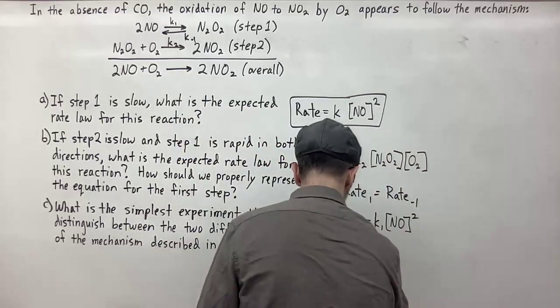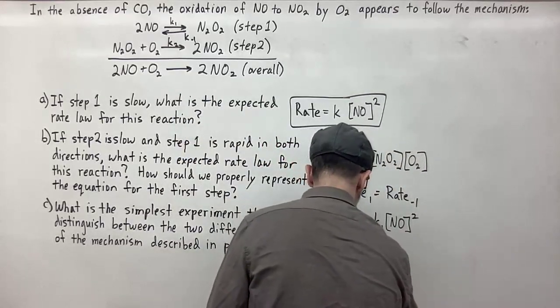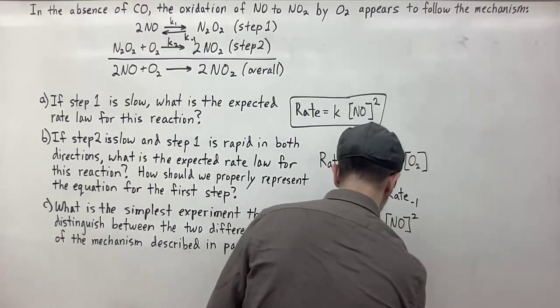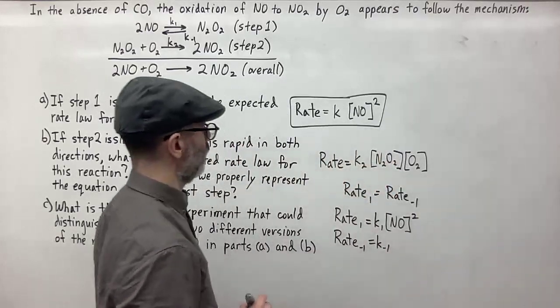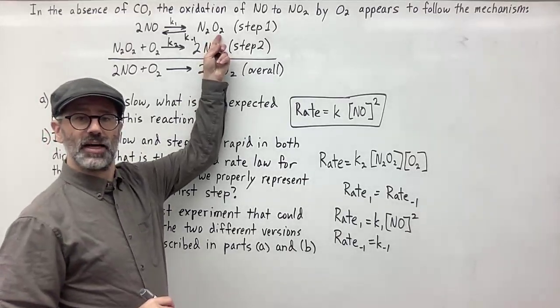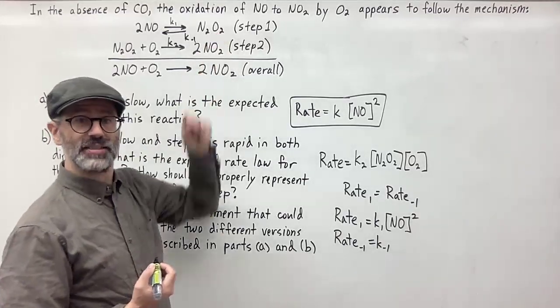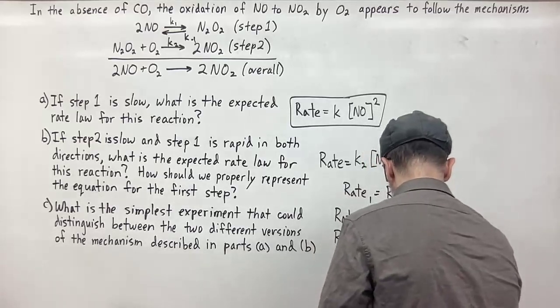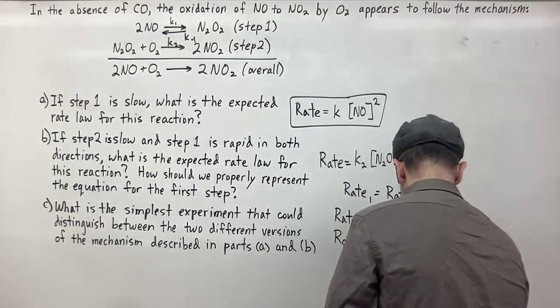And then for the reverse reaction, the rate -1 is equal to K minus 1. And the reactant for the reverse reaction is N2O2. So here we have the concentration of N2O2.